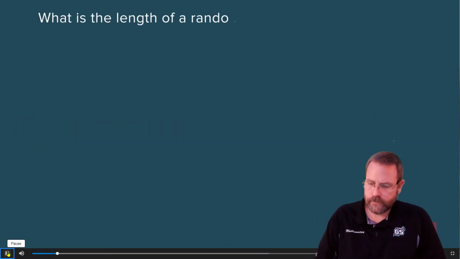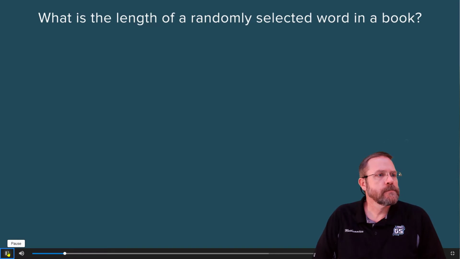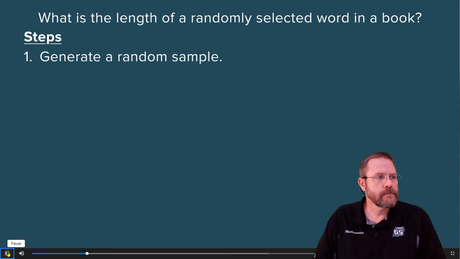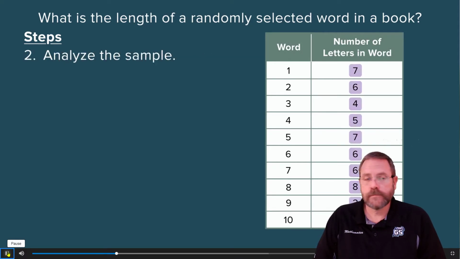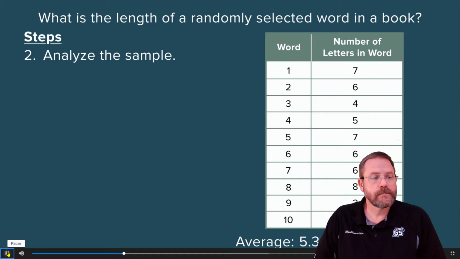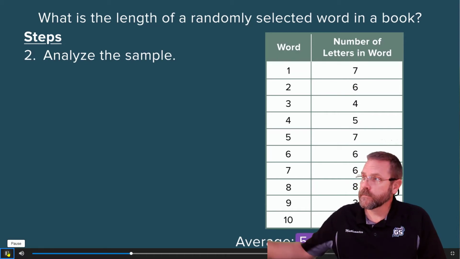Suppose you want to answer the statistical question, what is the length of a randomly selected word in a book? Start by generating a random sample. Count the number of letters in 10 randomly selected words on a randomly selected page of the book. Next, analyze the sample by finding the average number of letters in the 10 randomly selected words.